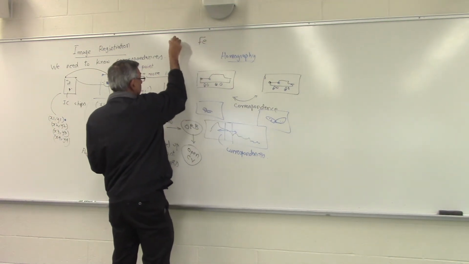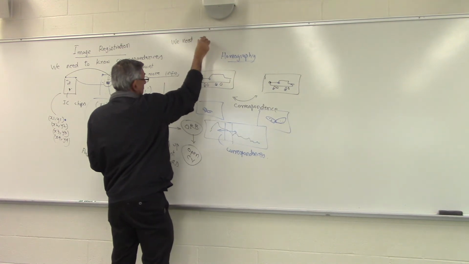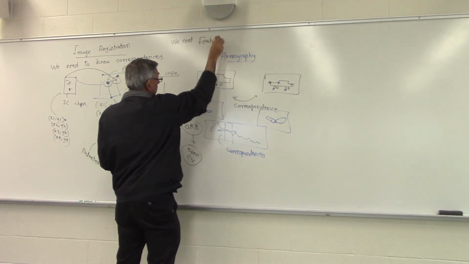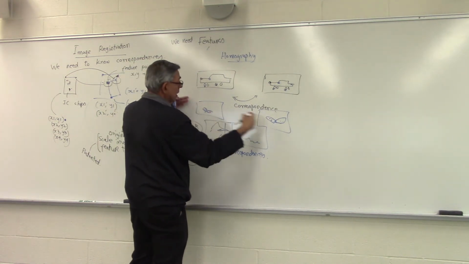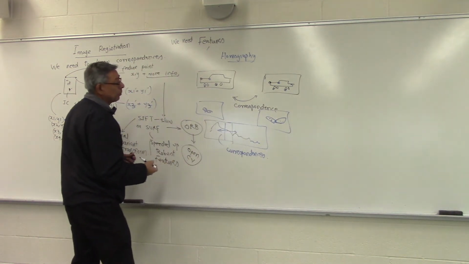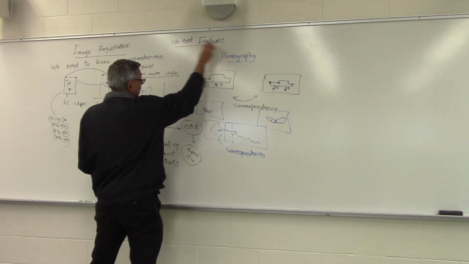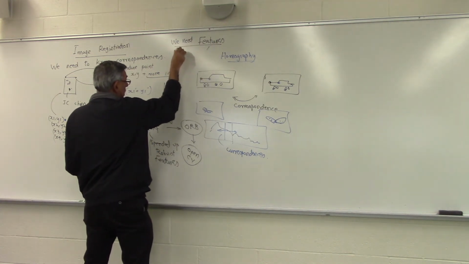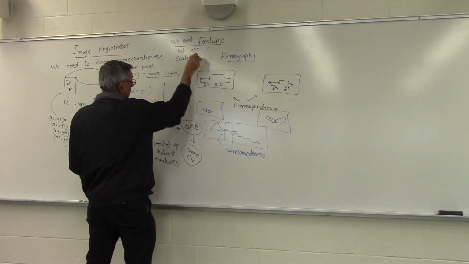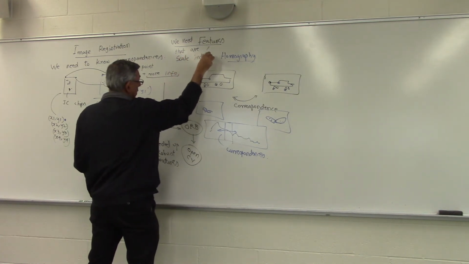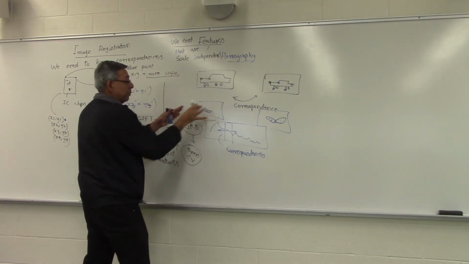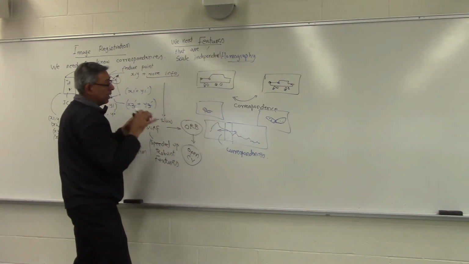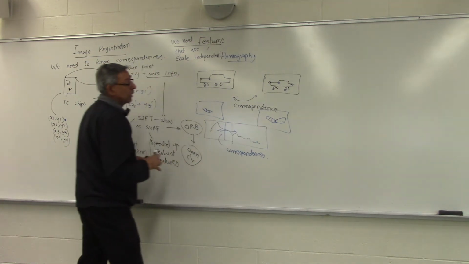So we need features, meaning points of interest on a butterfly here, so that we can establish the correspondences, okay, that are scale independent, meaning this picture might have been taken far away, this picture is a little bit closer.